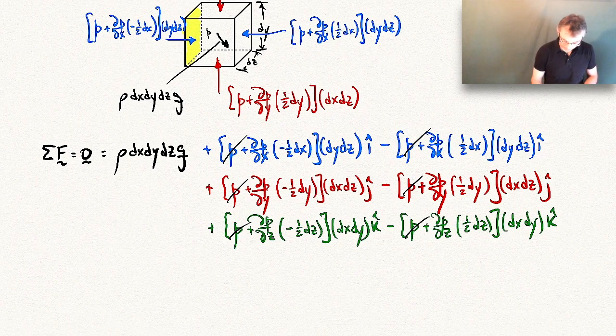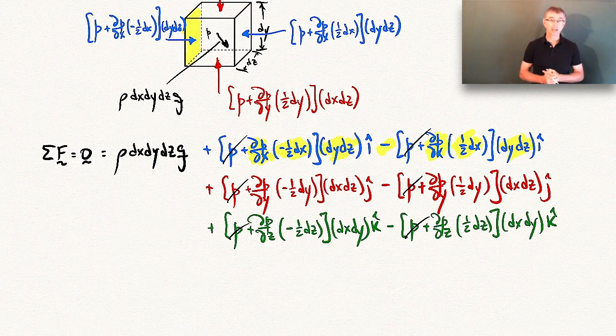You'll see, for example, this term, the dp dx times a minus 1/2 dx times dy dz in the I hat direction will combine together with this one. There's a minus there, dp dx, 1/2 dx, dy dz. So those will actually combine together, and that's true for the terms in the j hat direction and the k hat direction. So all of those will combine together.